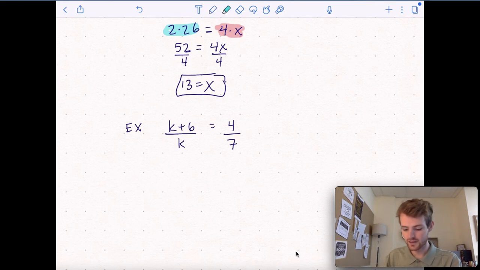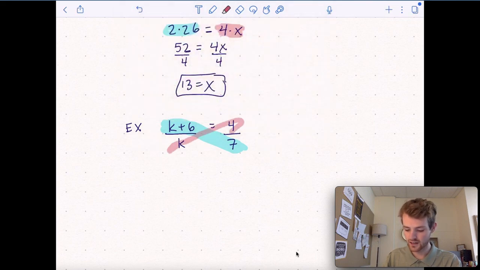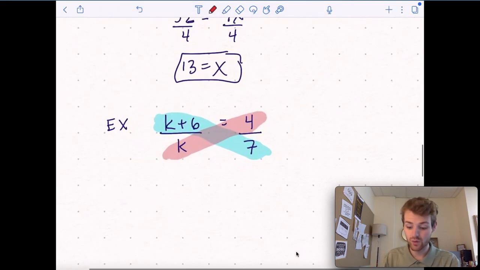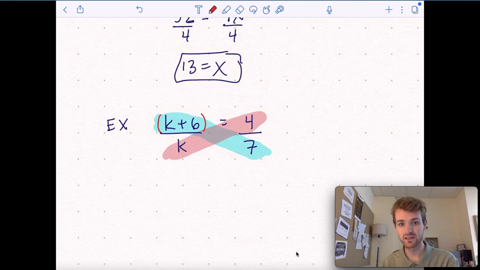The thing is, when we look at cross multiplying, there's something that we want to be extremely careful of. So I'll go ahead and highlight my corners. What we do, see this k plus 6. What I want you to do is when we see something like that, we want to put parentheses around it.